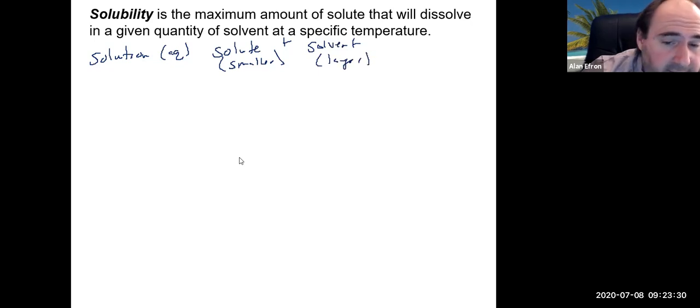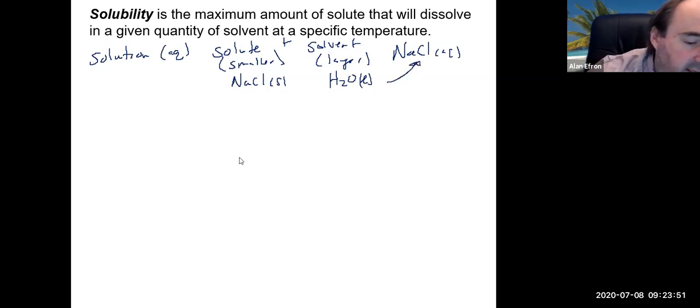So for example, if we were making that sodium chloride solution, the sodium chloride, which would be a solid, would be your solute. The solvent would be water in this case. When you put them together, you basically get a solution that's being made.